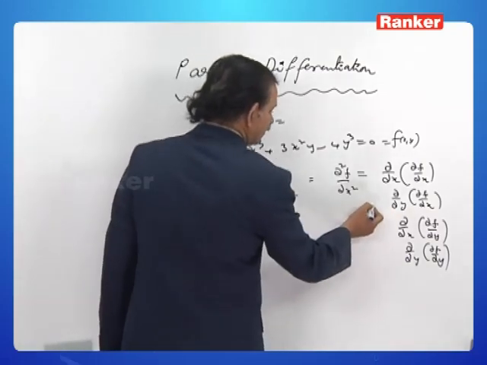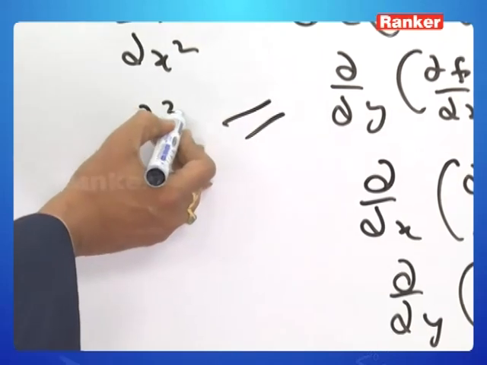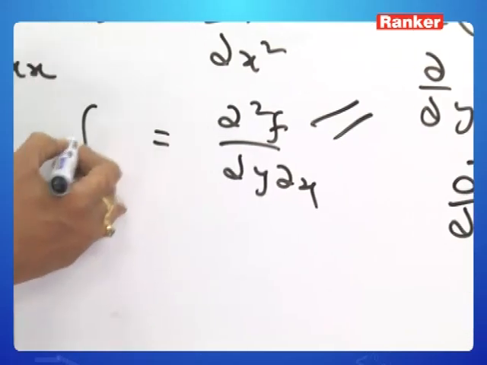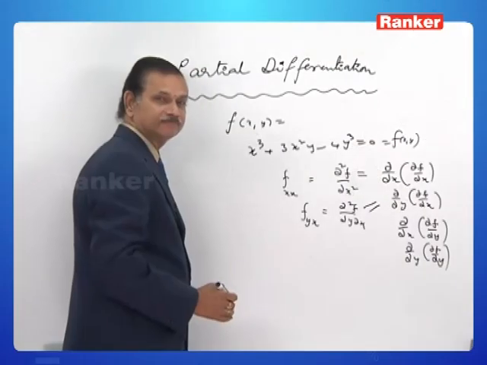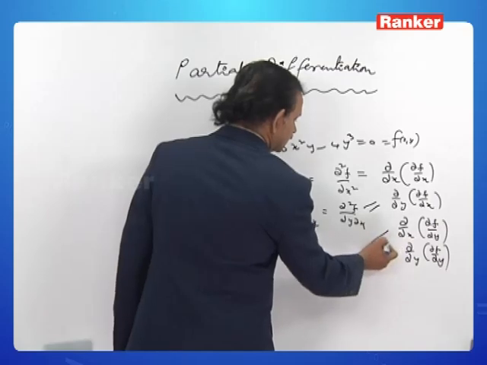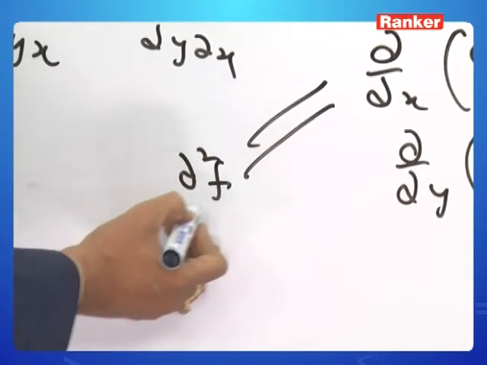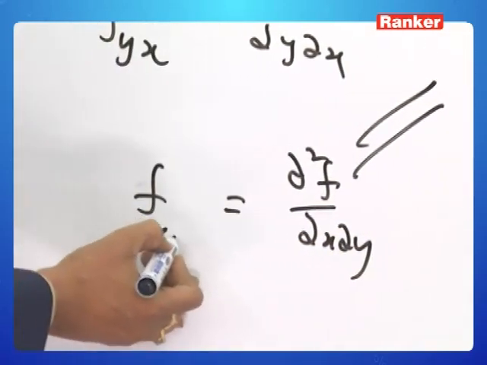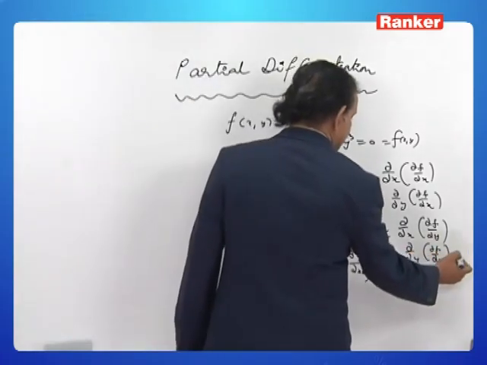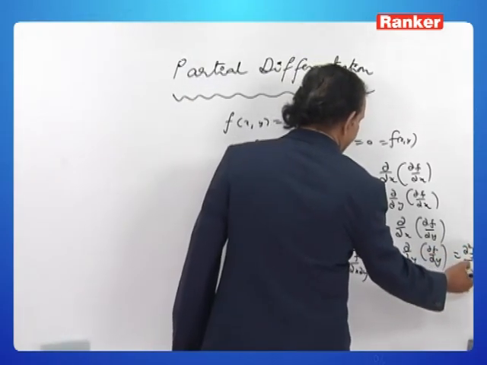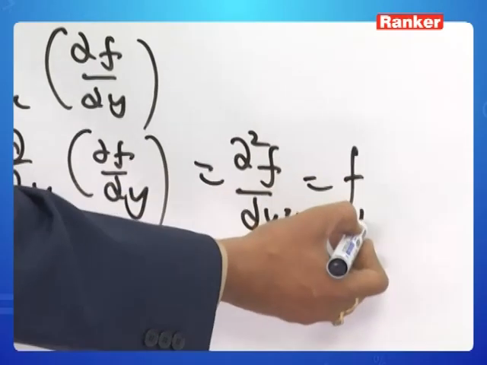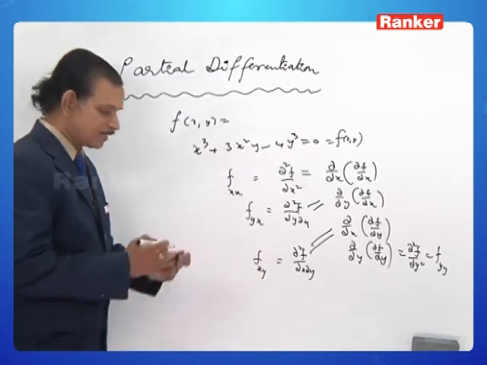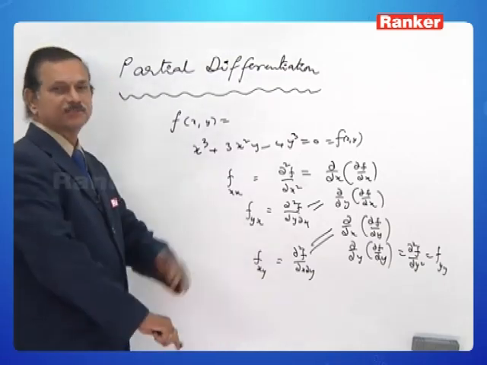This is also denoted by dou square f by dou y dou x. It is also denoted by fyx. This is dou square f by dou x dou y, this fxy. And this is dou square f by dou y square or fyy. These are the ways in which we represent these respective partial derivatives.